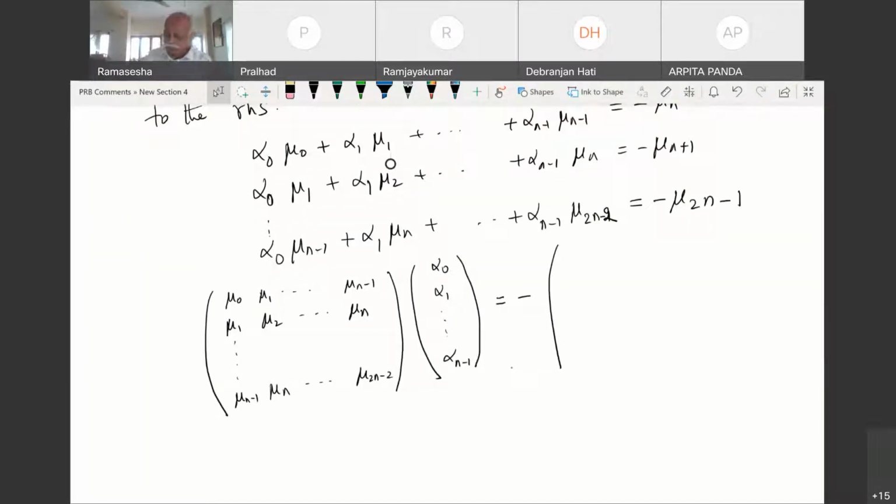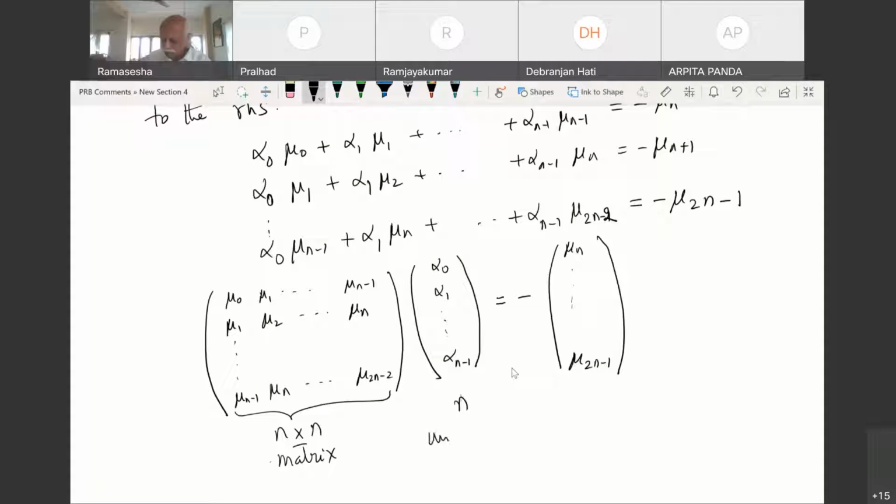Okay, minus mu n all the way to minus mu 2n minus 1. So this is an n by n matrix. This is n unknowns, and this is a vector B of n components.